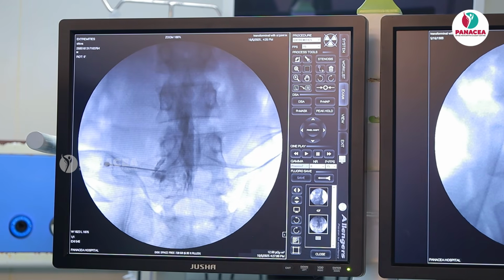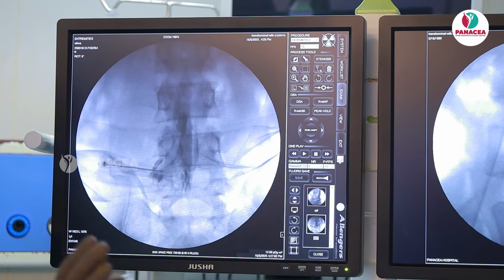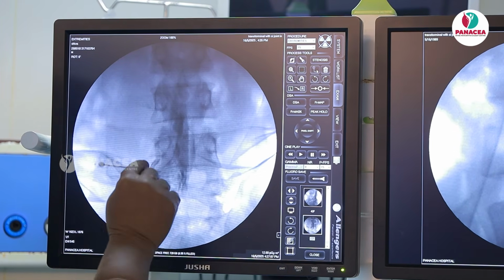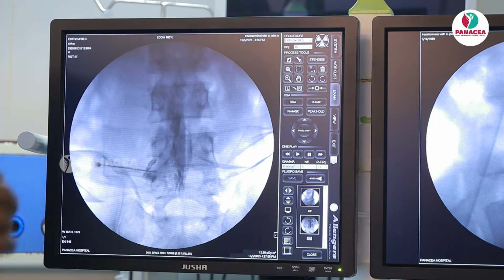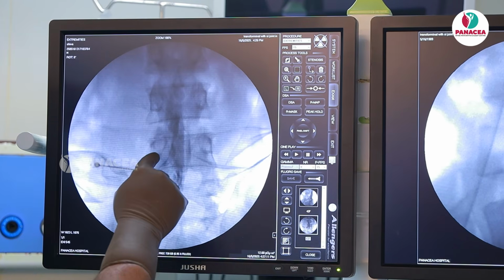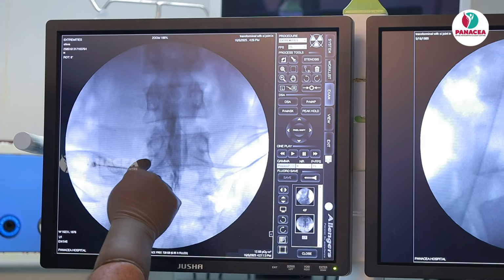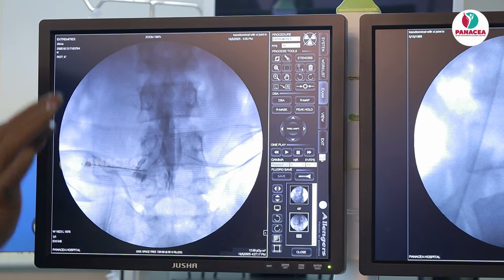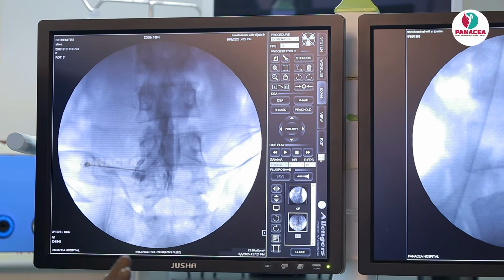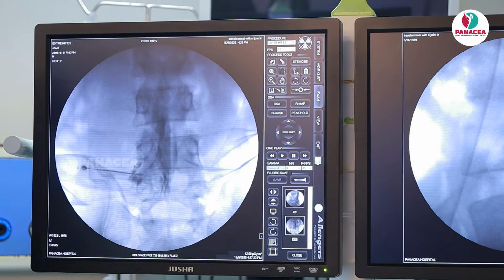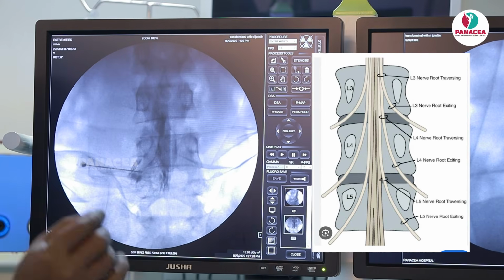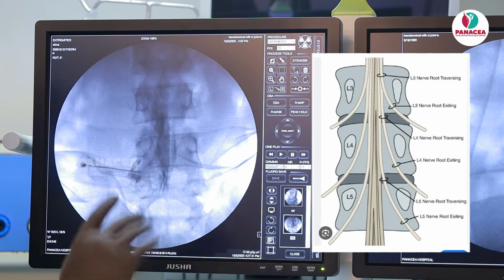So how do we confirm that the needle is exactly in the epidural space? Two points. Number one is the fat globule appearance, and number two is the dye spread which is coming out of the intervertebral foramina. Because if it is intradural or subdural, the spread will not come out of the intervertebral foramen. And even with a small dye spread, it spreads to higher levels.